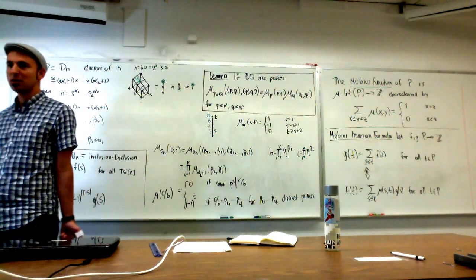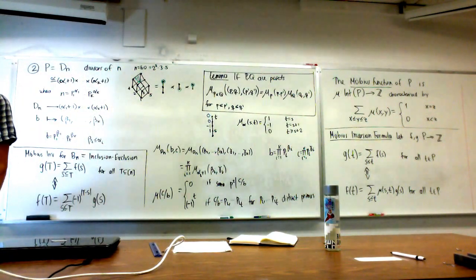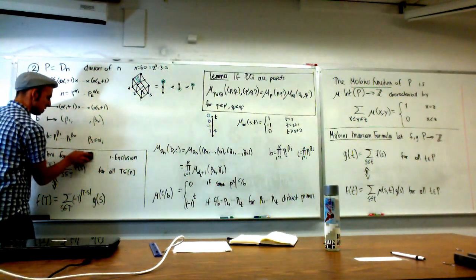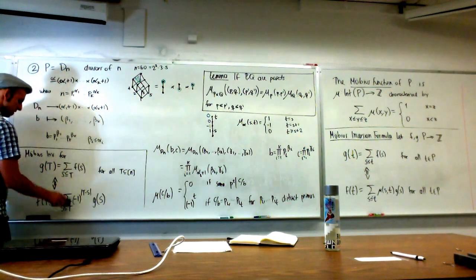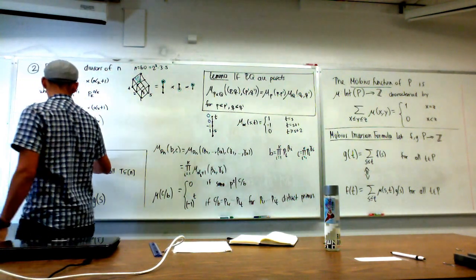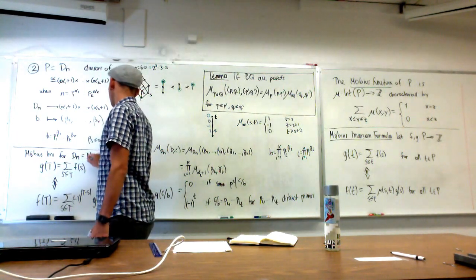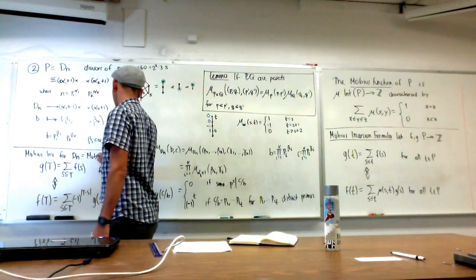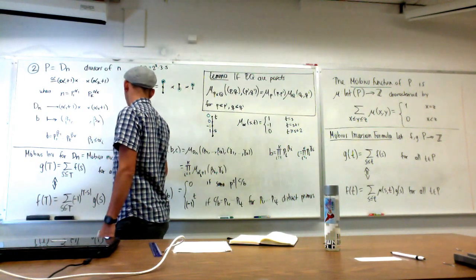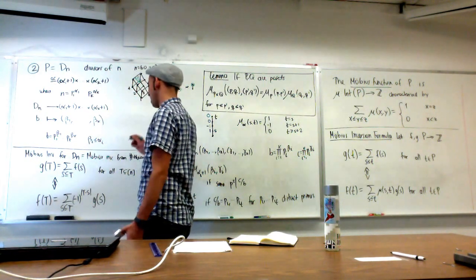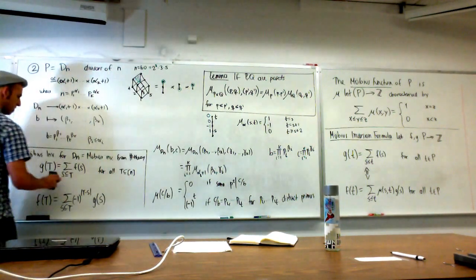And actually, the next thing you learn in number theory is that there's something called the Moebius inversion formula. And that's nothing but the Moebius inversion in this poset. So this is the Moebius inversion from number theory. And it says, I mean, it's no surprise what it says.